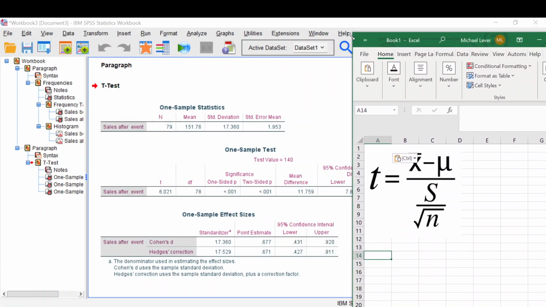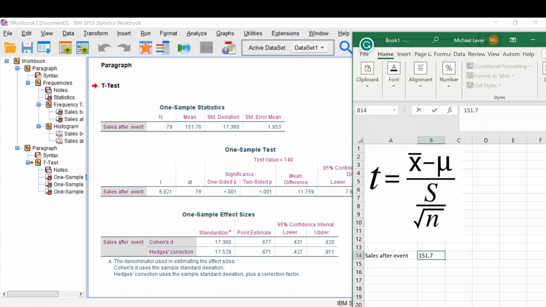So I will do that here. So let's say we have our sales after event and a mean of 151.76. And then we have our average sales of 140.